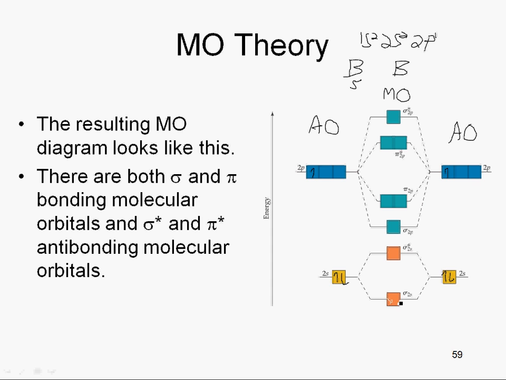And the constructive way is favored, and that's where the electrons go first, and the destructive way is at higher energy, and it happens second. So I'm going to take these 4 electrons and put them into the molecular orbitals. The molecular orbitals are the same as atomic orbitals in that they can always hold 2. So I'm going to put 2 arrows in here, and then I'm going to put 2 in here. Okay? So I got 4 here.